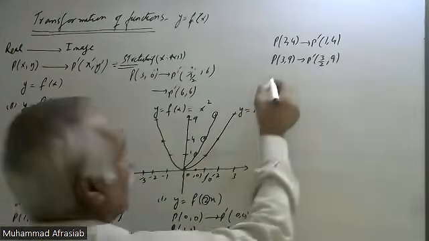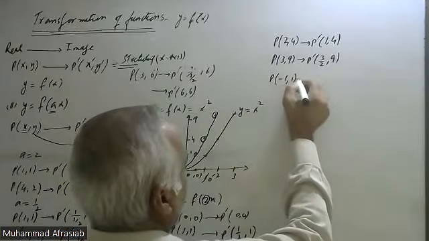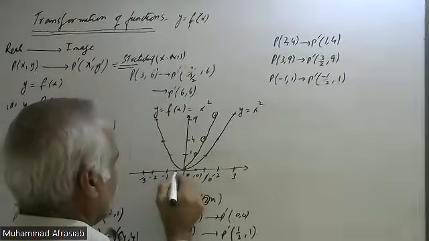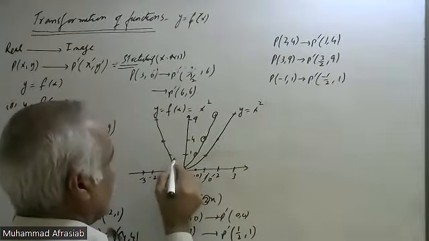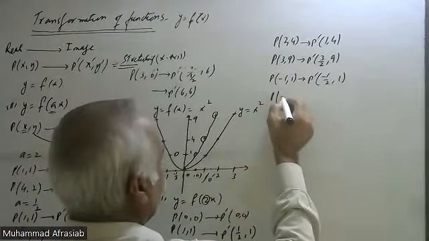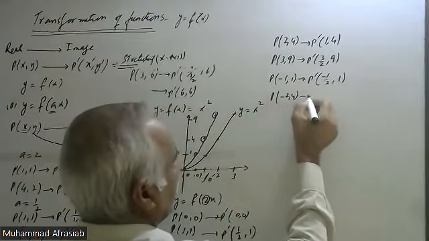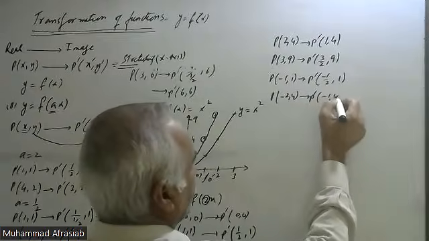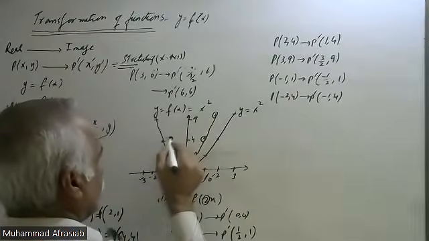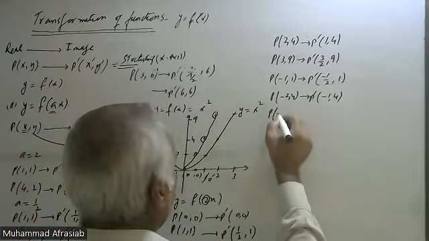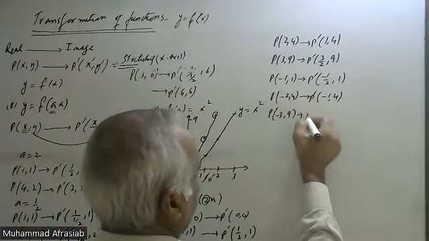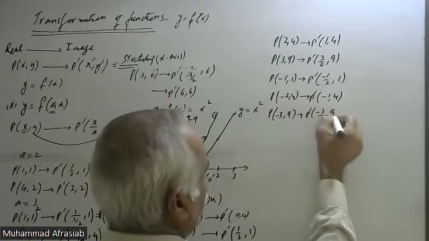Same for P of minus 1 and 1, it will become minus 1 over 2 and 1. This is minus 1 by 2, and we write y as equal to 1. For P of minus 2 and 4, the image point will be minus 1 and 4. For the point P as minus 3 and 9, the image will be minus 3 by 2 and 9.